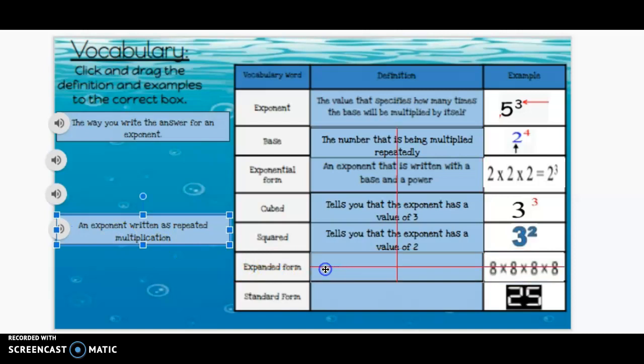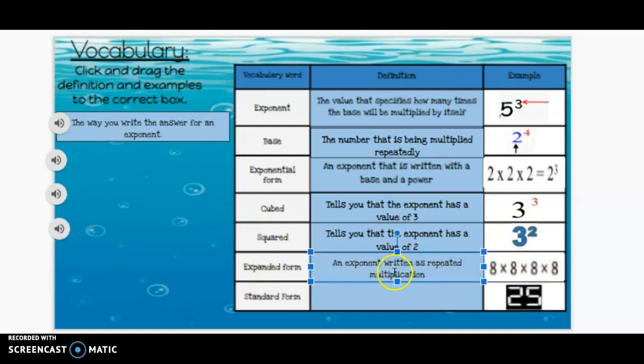So we're looking for a definition that says an exponent written as repeated multiplication. Your standard form is just a fancy way of telling us the answer for an exponent. If I were to give you 5 squared, that's 5 times 5, so your standard form of that is 25. It's the way you write the answer to an exponent.